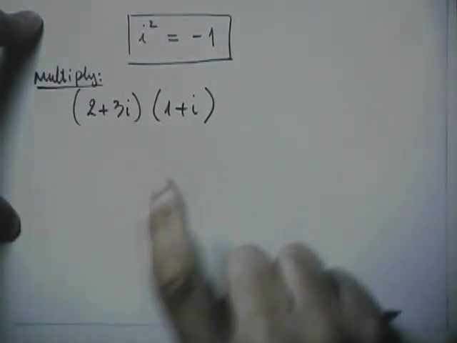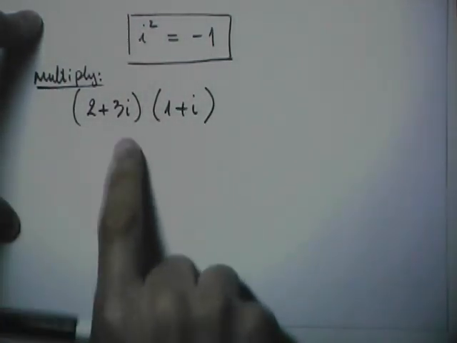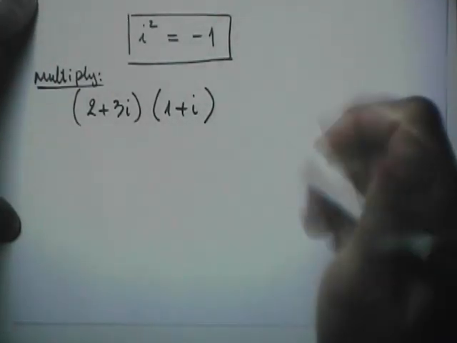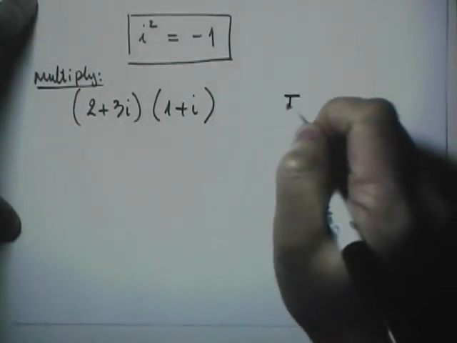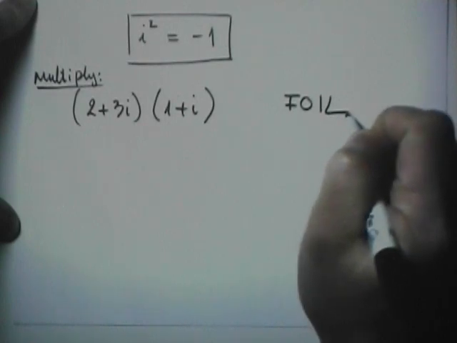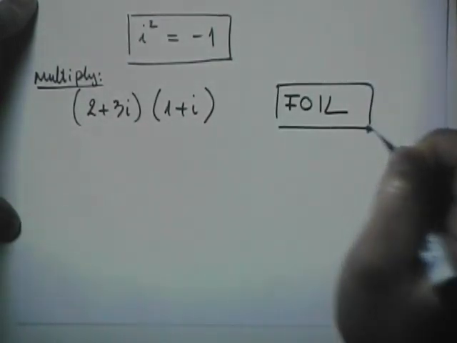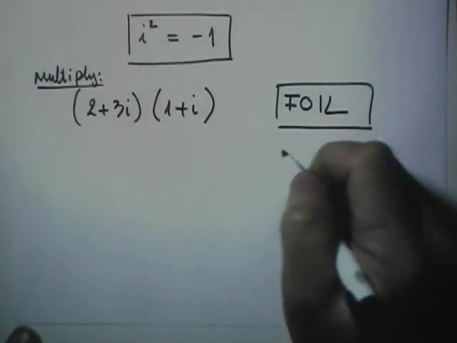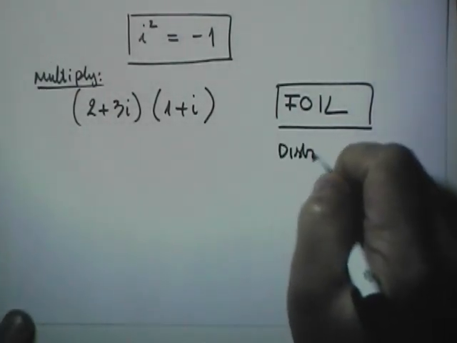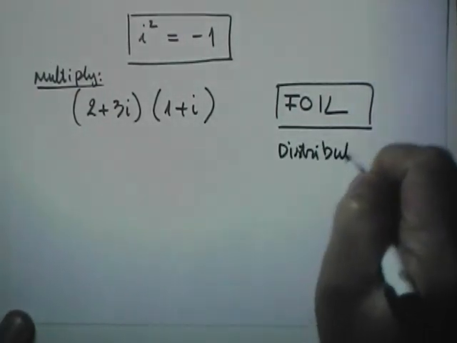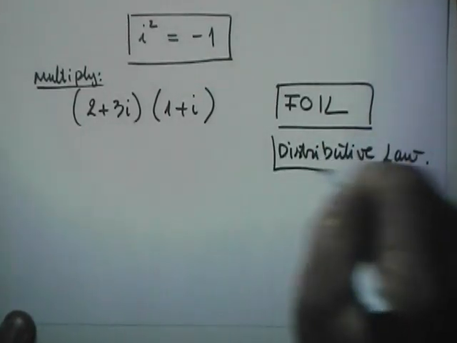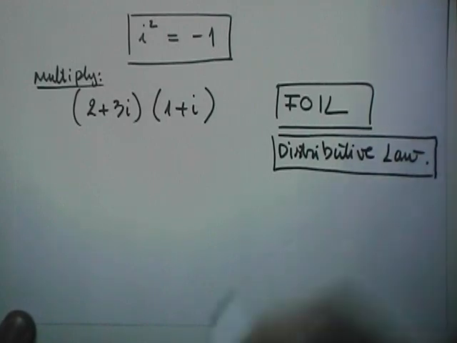Now the only way to get through this multiplication, the only way, is FOIL, yes, that's the only way. FOIL or the distributive law. That's what it is.